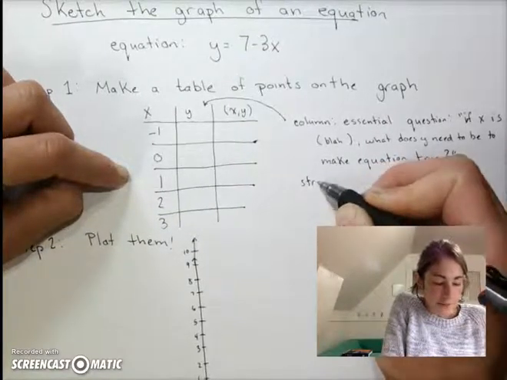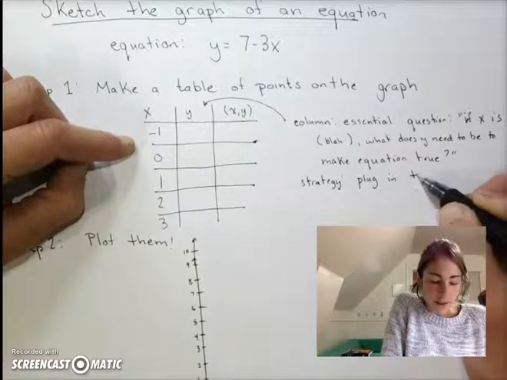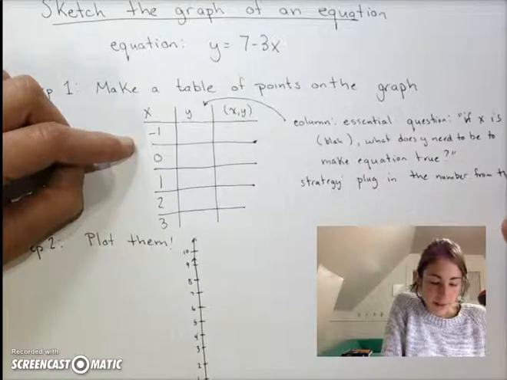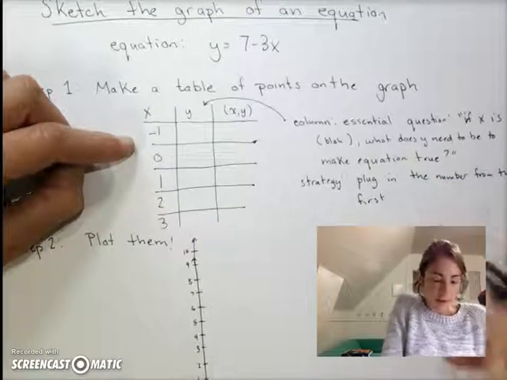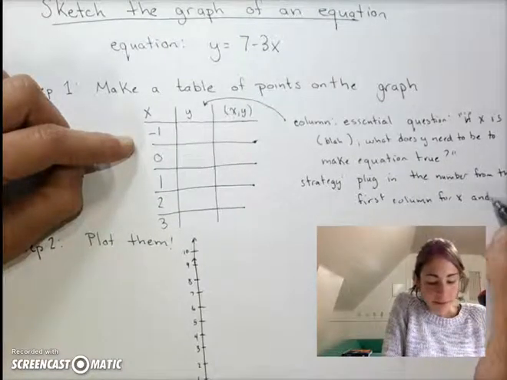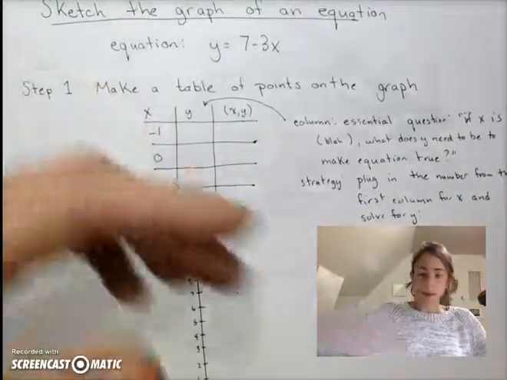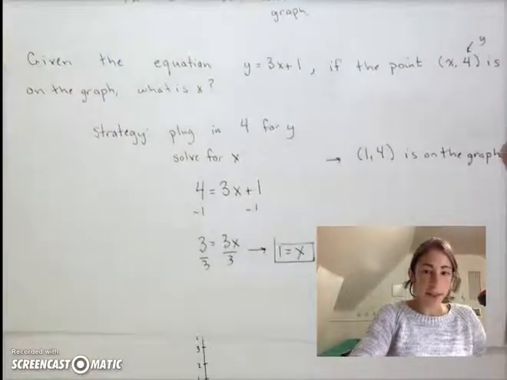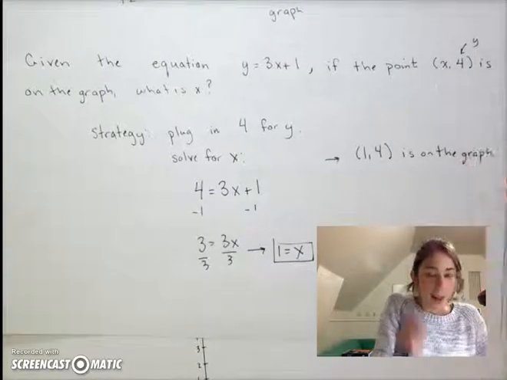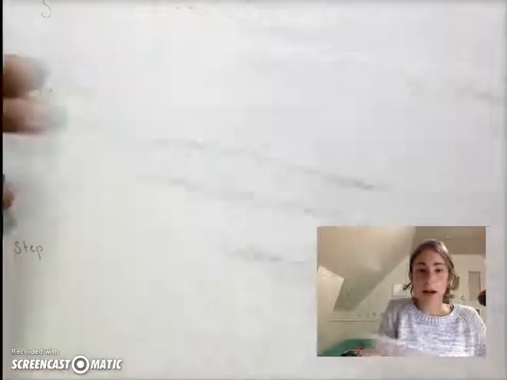And the strategy is just plug in the x value, plug in the number from the x column, and solve for y. So it's a lot like the example that we did in the last video. Given an equation, if we knew the y value was 4, we solved for x. When we make these tables, we're going in the other direction. We know the x value and we're solving for the other coordinate, the y.